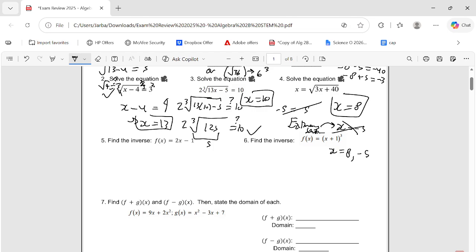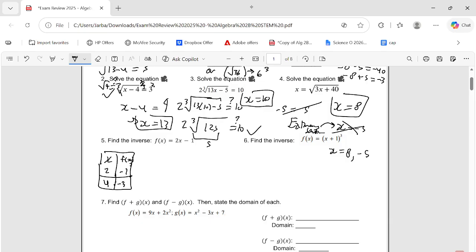Alright, now for finding inverses. You can think of inverses as kind of like the opposite of a given function. Here's an example. Let's say you have a table of values. Say we have two values at x equals 2 and x equals 4. Let's do f of x.